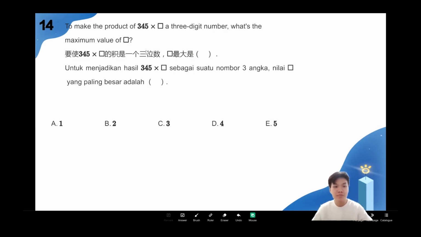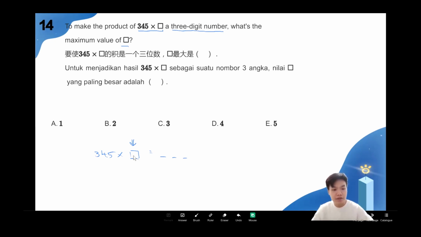Question 14. To make the product of 345 times a number a 3-digit number, what is the maximum value of the square? 345 times the square equals a 3-digit number. What is the maximum value of this? We have 1, 2, 3, 4, 5.